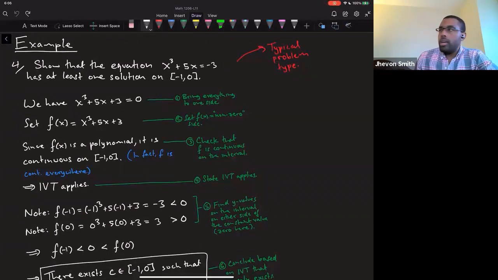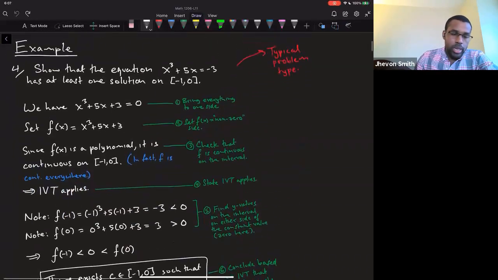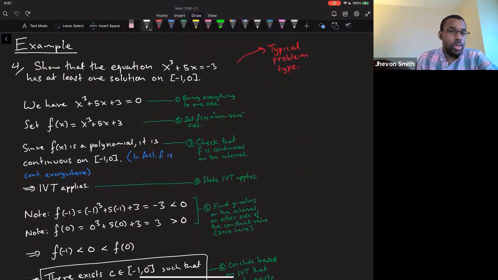Besides actually stating the intermediate value theorem, this is going to be the way that we would test that you know the intermediate value theorem in a Calc 1 context.